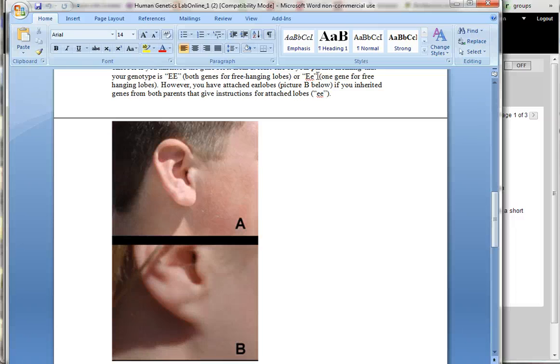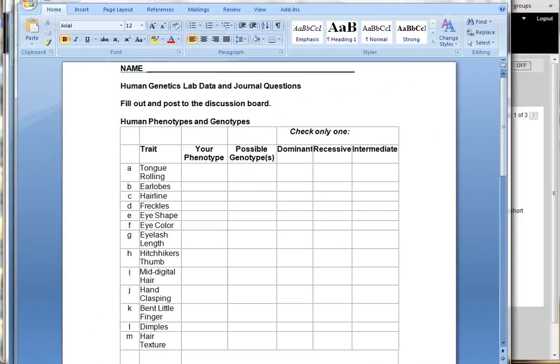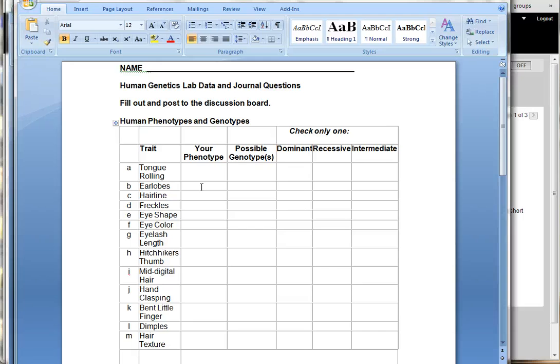So when you fill out your worksheet, let's go to tongue rolling for another example. Let's say I can roll my tongue. So you write your phenotype, whatever it is, whatever your hairline is. It's not the actual genes, it's what you look like.